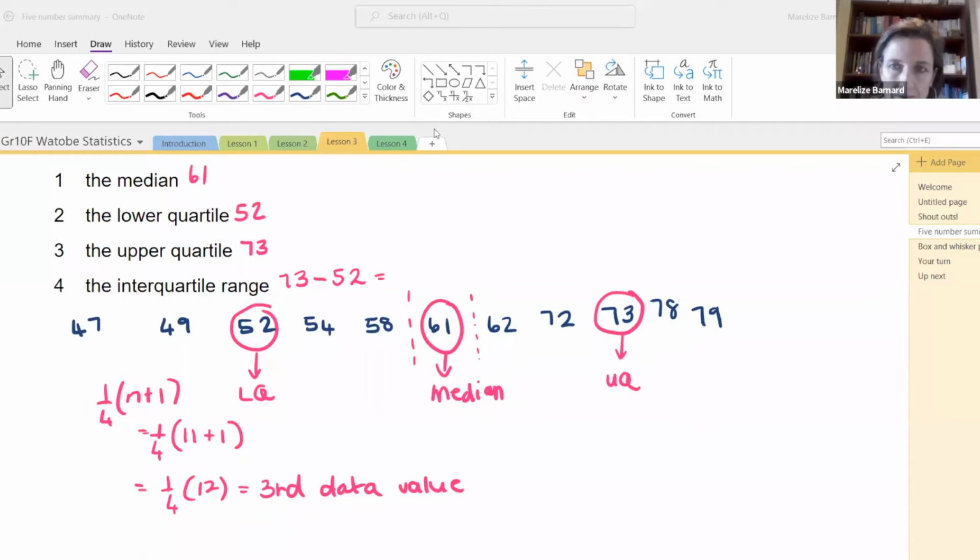Hi, ma'am. Hello. When we're calculating the median, what if we have two numbers in the middle? How do we then calculate their lower and upper quartile? Oh, when we have an even number of data values. Yes, ma'am. Okay, yeah, the same way. We're just going to average it out and then work.